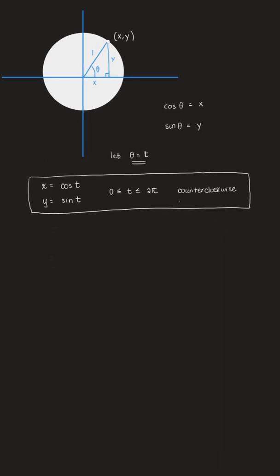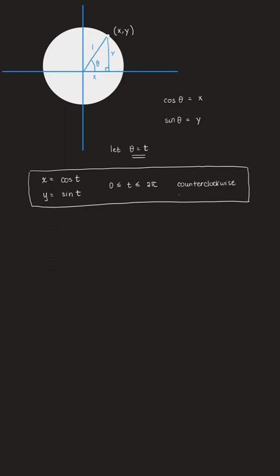Now that's pretty limited, so let's try to think how we might generalize from this. Let's first ask the question, what if the radius is r instead of 1? How does that affect our equation?